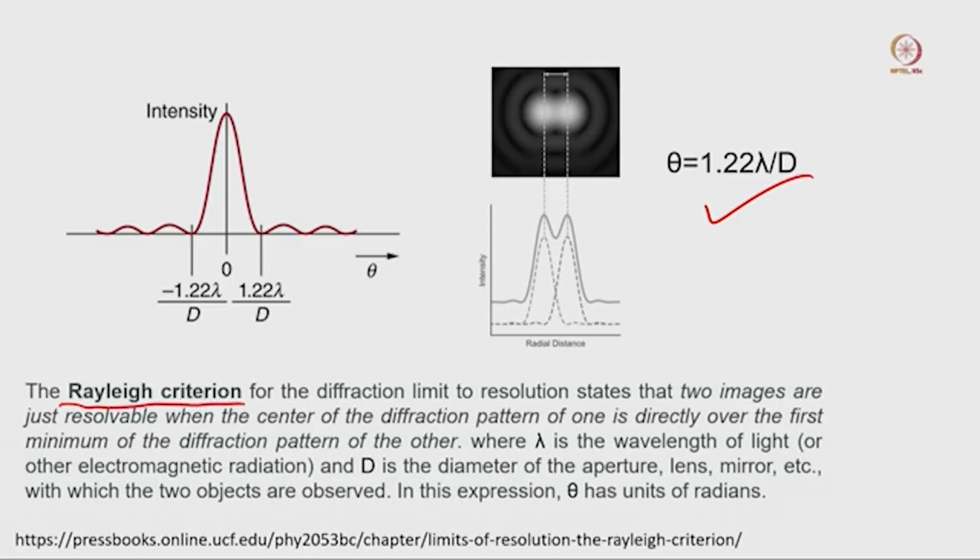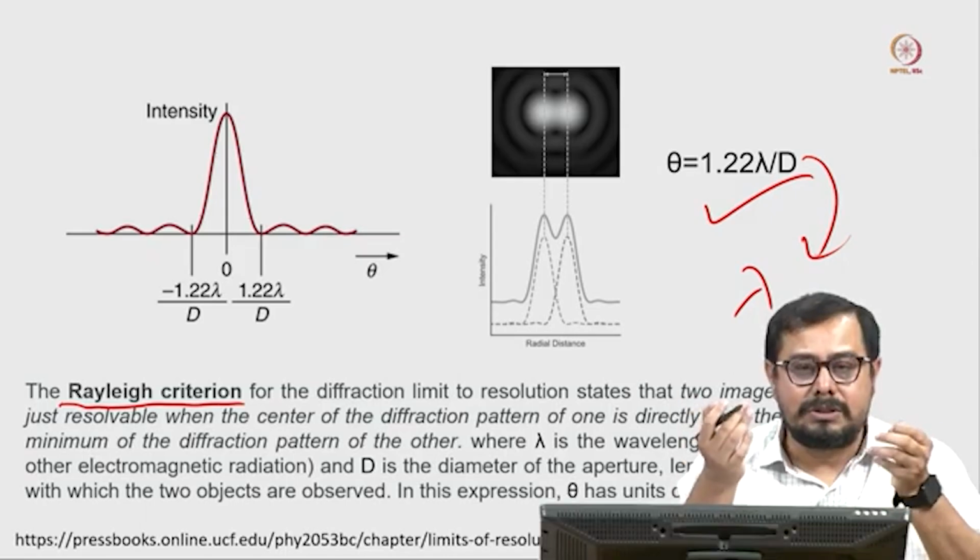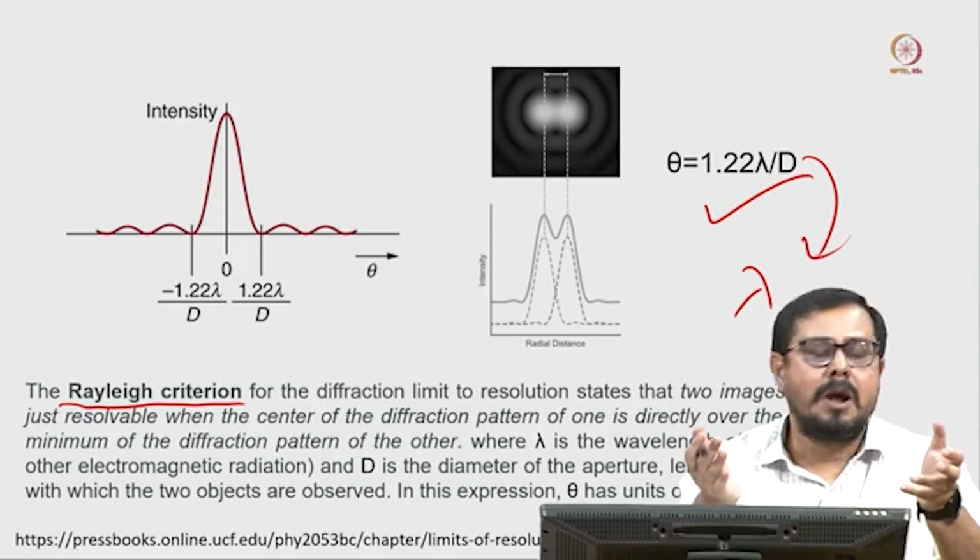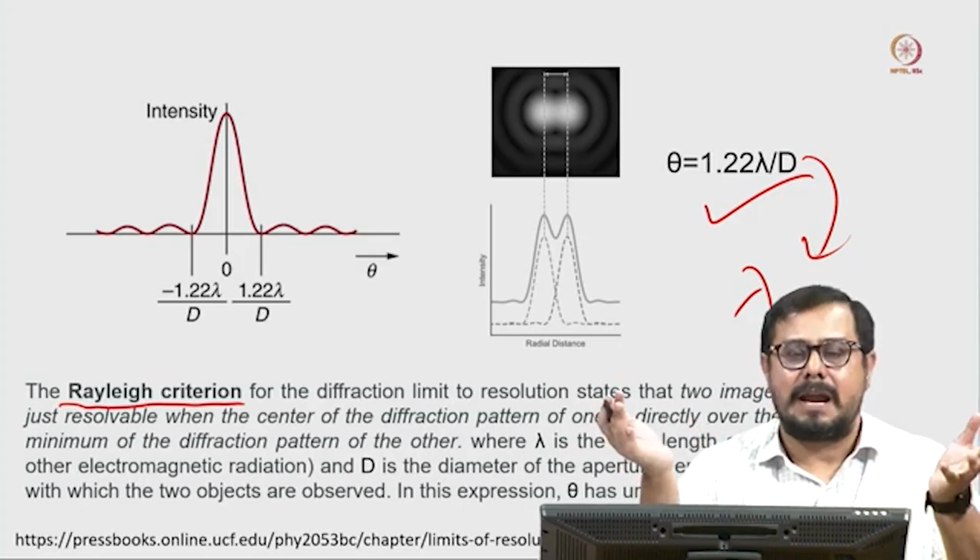That is the reason we discuss so much about the lambda: when the wavelength is shorter, we can get a much better resolution or resolving power of the microscope. Whenever we are using a light microscope, we are using a wavelength between 450 nanometer to 750 nanometer.